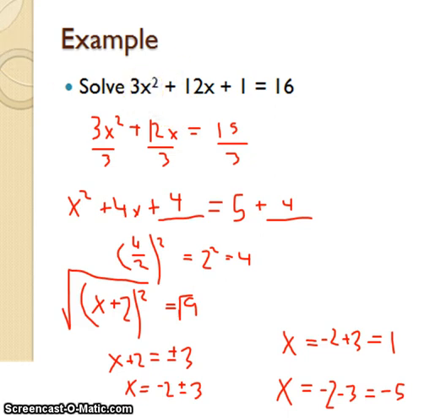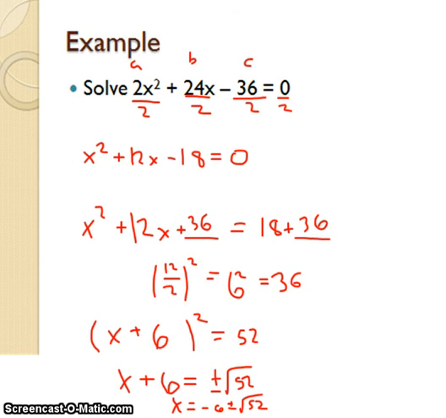As we go back and look at these examples again, we have two answers here, -6 plus or minus radical 52. One thing we might correct on this one or make a little bit cleaner is I can actually simplify this 52 here.